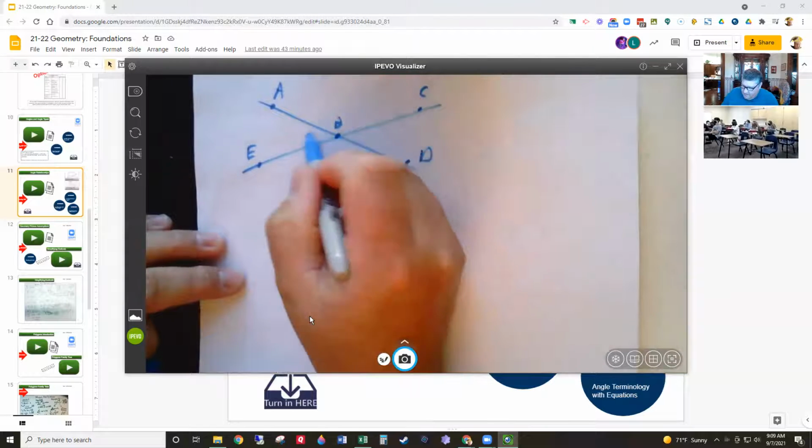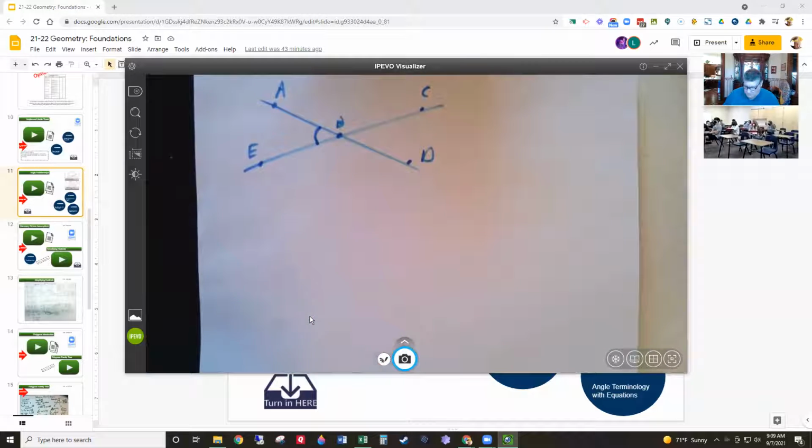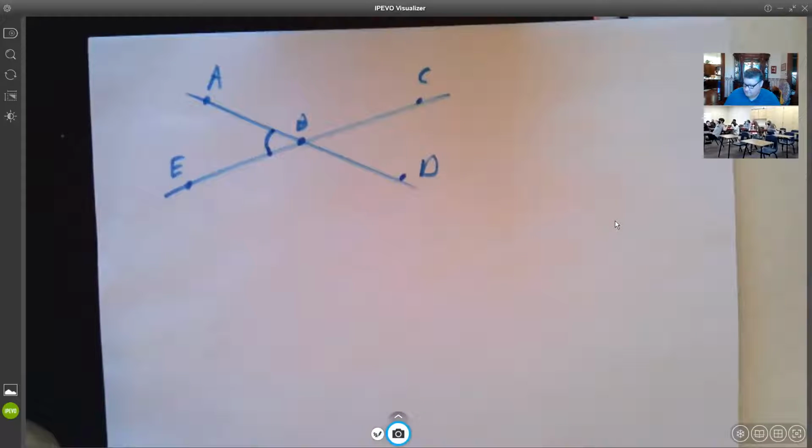Okay, I want to know, somebody label me, what is this angle right here? What is the name of that angle? Acute, you hear him? It does happen to probably be acute, but let's actually label it with the three names like we did in our Delta Math for today.